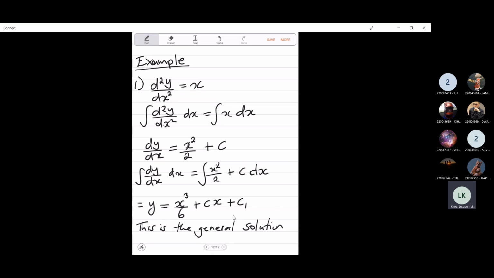It's pretty much the same thing, where you will be given extra information. They tell you when y is 1, then x is 2. When y prime is this, then x is this, something like that. So you'll be given extra conditions in order for you to work out this c and c1.